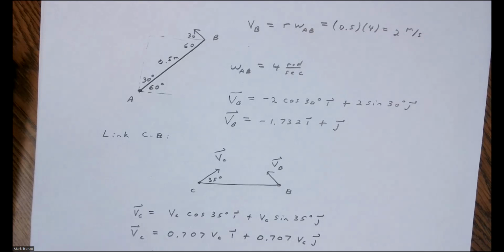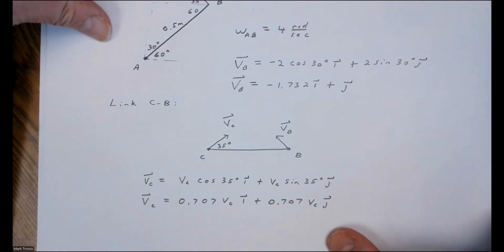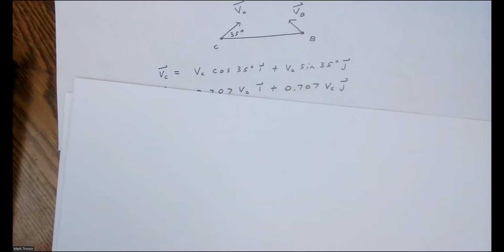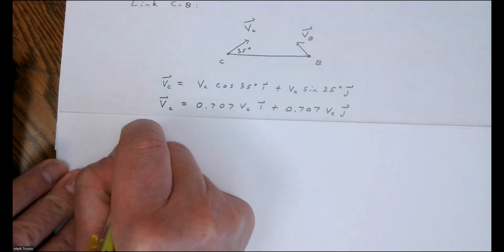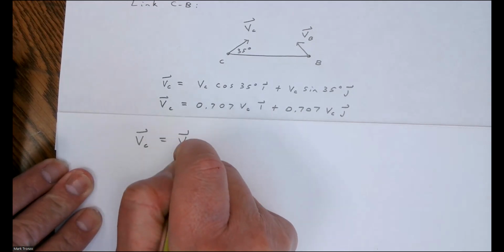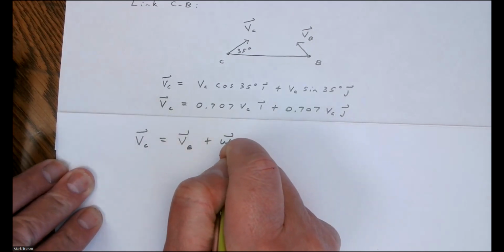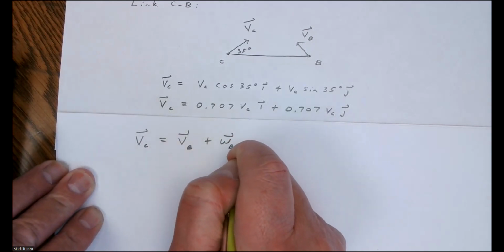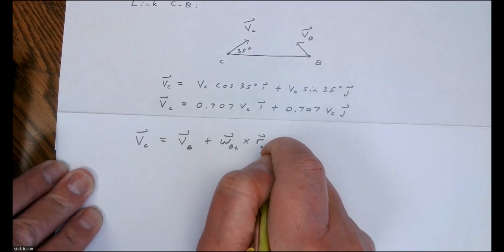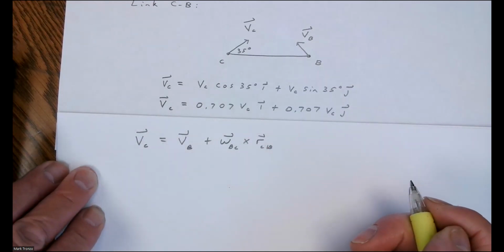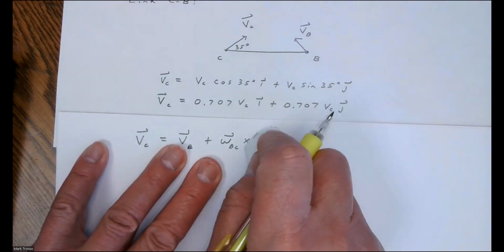And again, we want to find the velocity of C. So keep in mind what we're going to use. We're going to use our normal equation, which will be VC equals VB plus omega BC cross RCB. So realize we're going to need RCB.